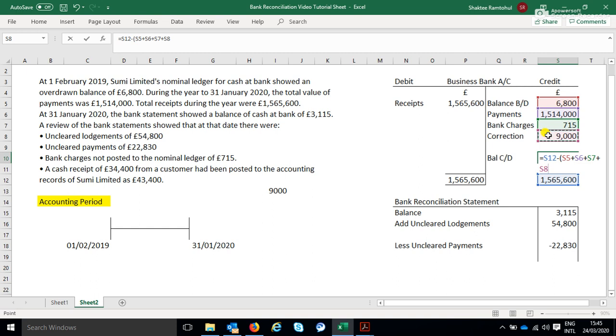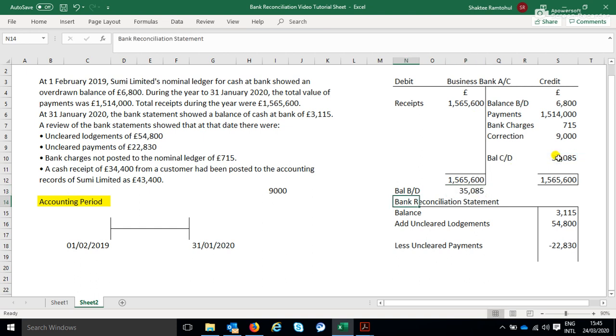So we're adding everything on the credit side, and hopefully that leaves us with a balance of 35,085 pounds. So this becomes, sorry, balance brought down, not carried down. So balance brought down equals this balance here.